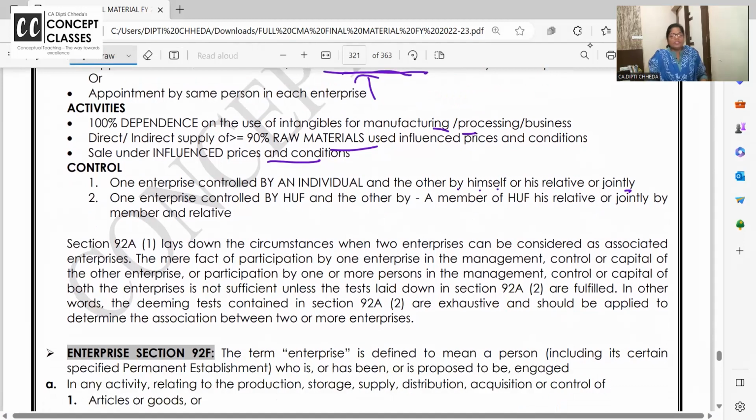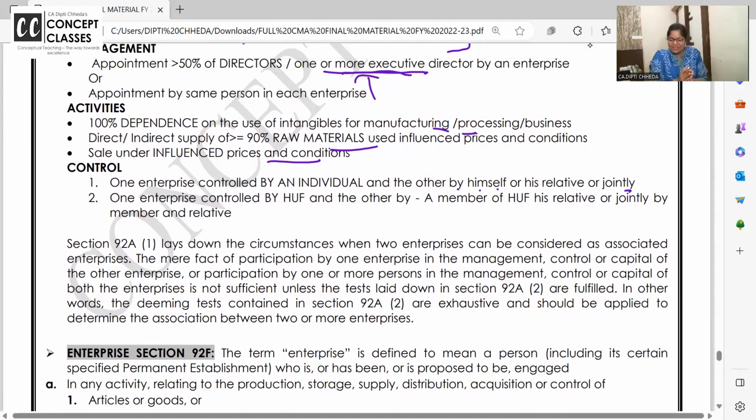So these are the different ways in which two concerns or entities will become associate enterprises. And once they are associate enterprises, whatever transaction is happening between them should be at arm's length price.